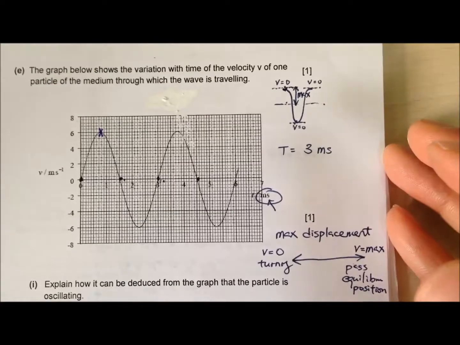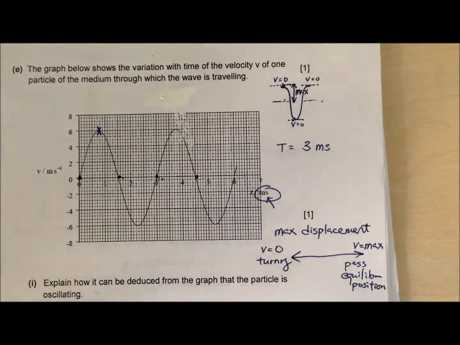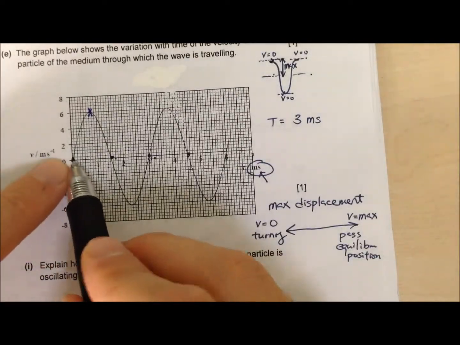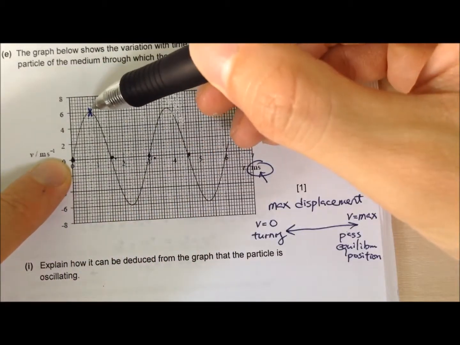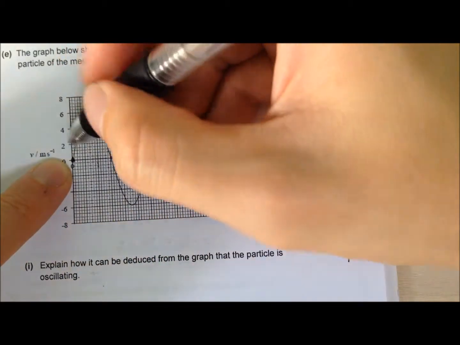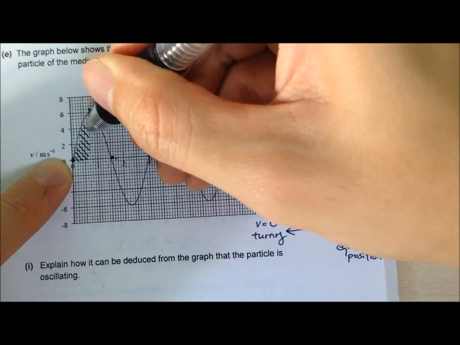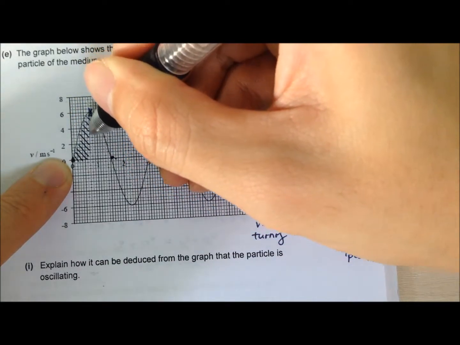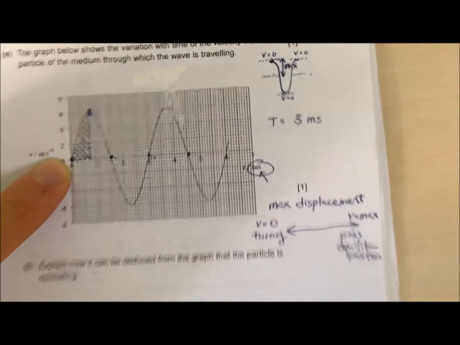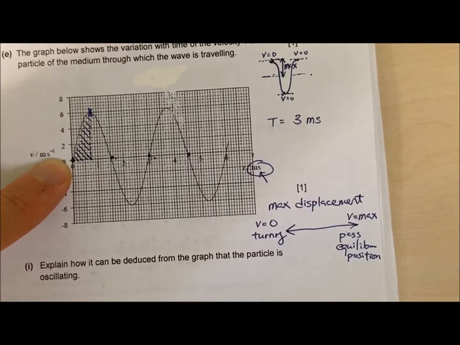So on this graph, where is the maximum displacement? It will be when V equals to 0 all the way till velocity is maximum. So this portion here represents the maximum displacement.